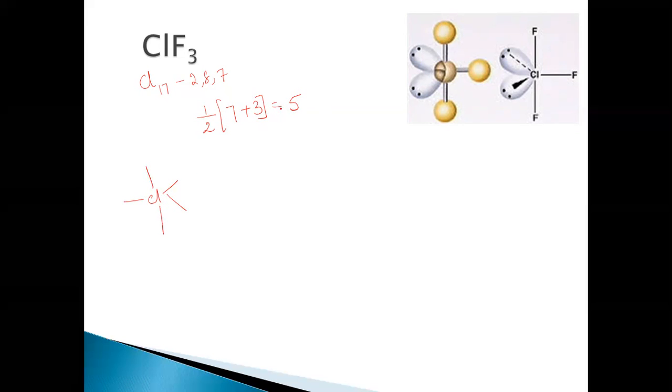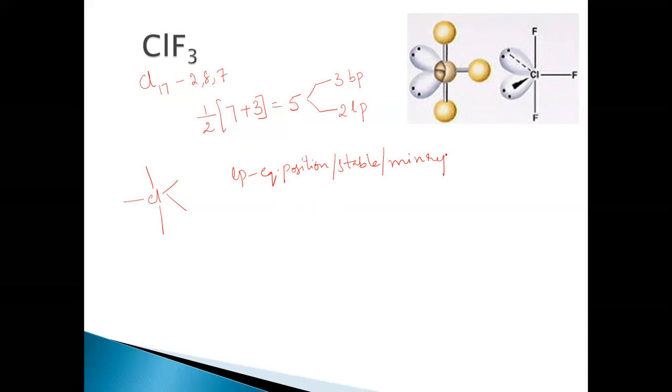But out of these five, three are involved in bonding, that is three bond pairs, and two are lone pairs of electrons. According to Bent's rule, when these lone pairs are placed at the equatorial position, the molecule is stable, because there is minimum repulsion.